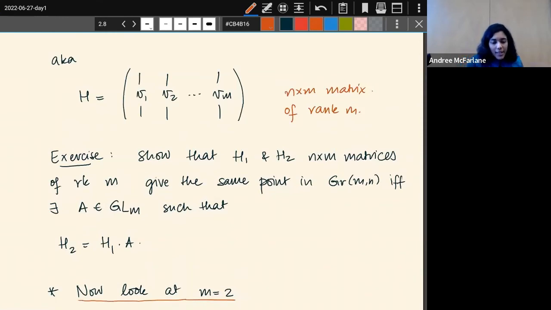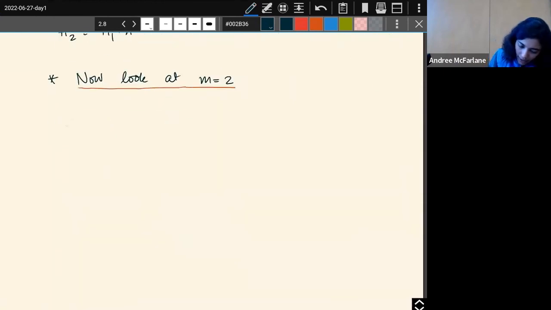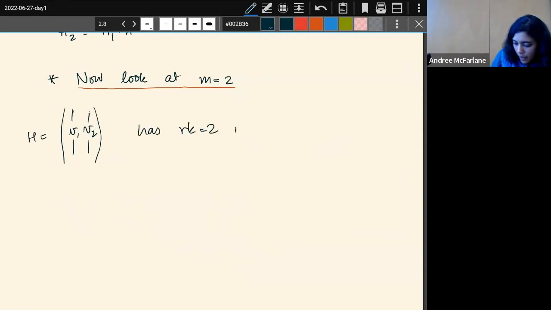How do you detect whether a matrix has rank m? You look at its various m by m minors, and you compute the determinant and see if at least one of them is non-zero. That's how you figure out the rank. So here I'm looking at n by 2 matrices, and this has rank 2 if and only if some 2 by 2 minor has non-zero determinant.